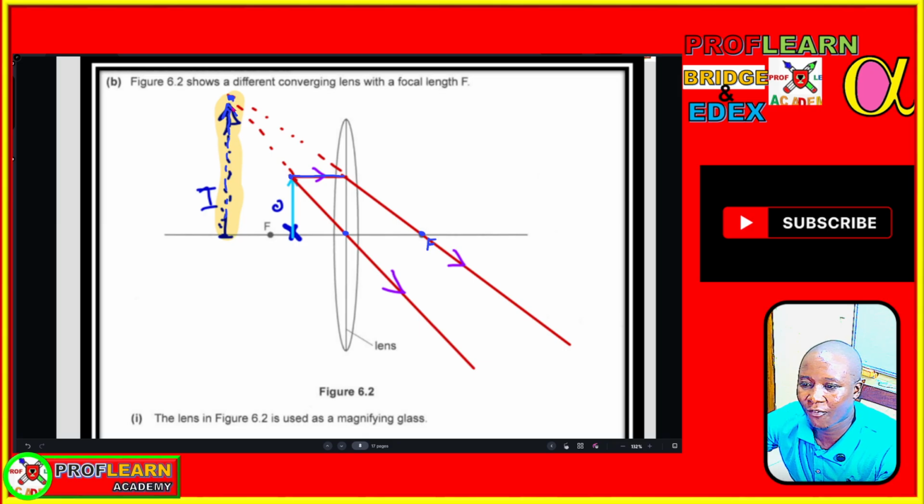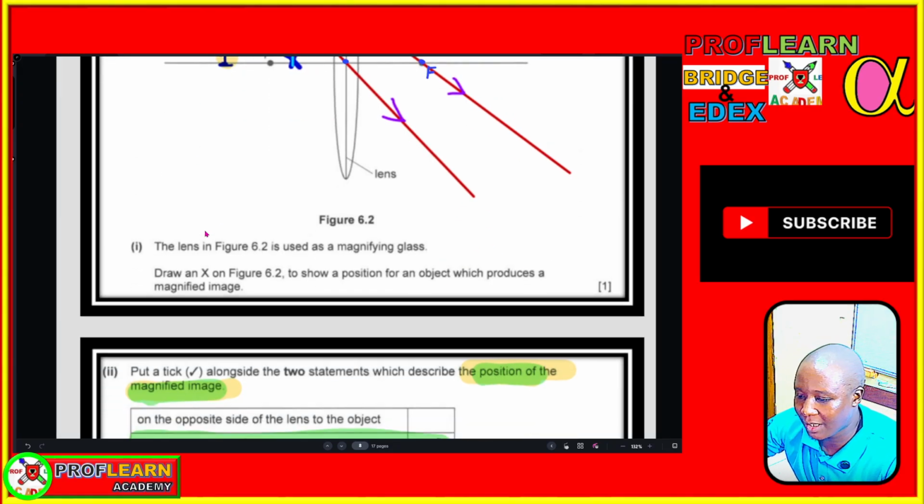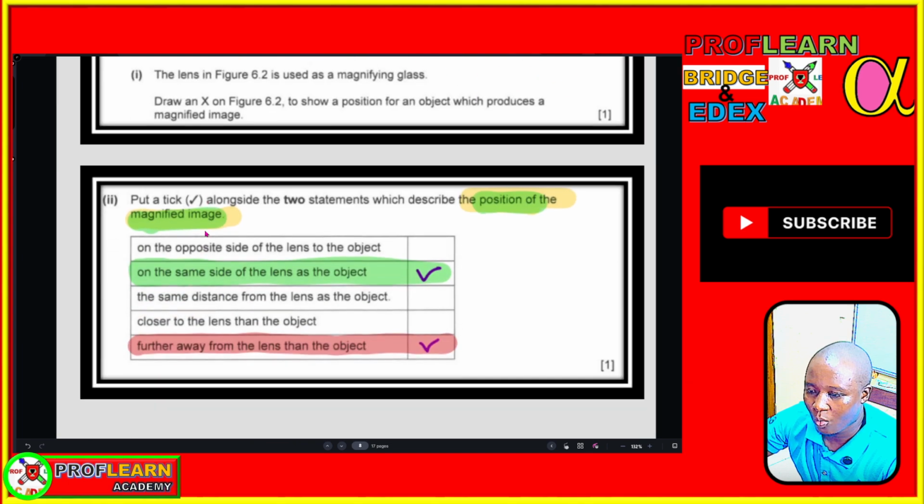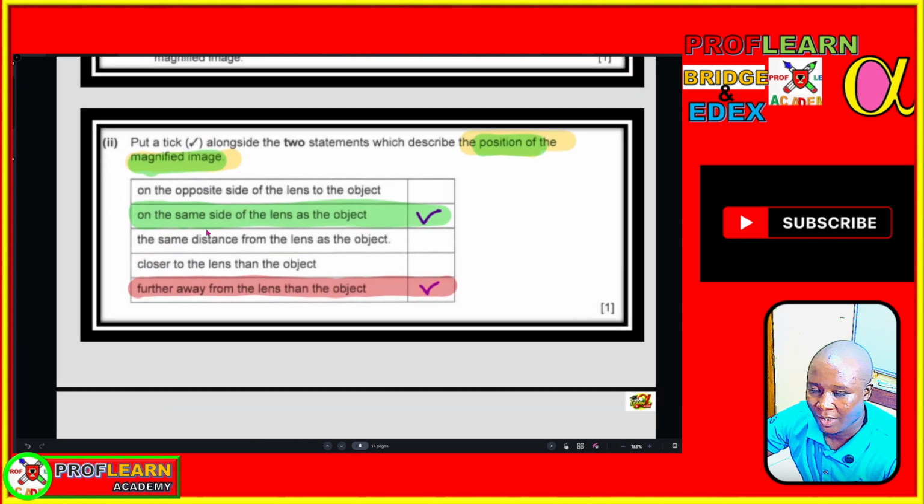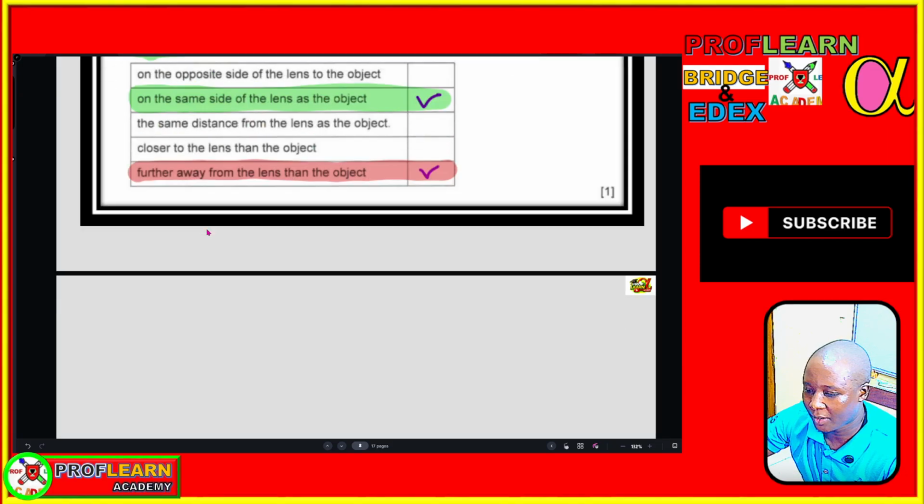That's where the virtual image is going to be. This is the virtual image, but it's magnified. Those are the characteristics. It's also behind the object, and the object and the image are on the same side of the lens. So some of the ideas you need to understand when asked a question like that are the characteristics and how to sketch these rays.